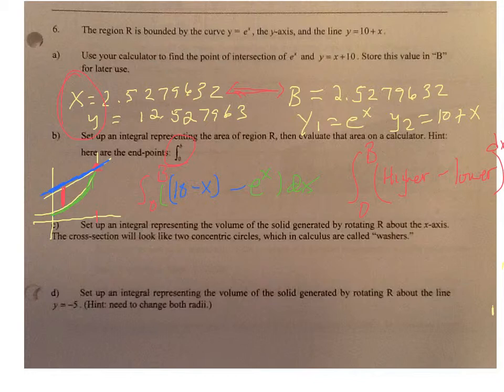Now, because in my case I put y1 as e to the x and y2 as 10 plus x, I could have also written this as the integral from 0 to b of y2 minus y1 dx. I have identified what y2 and y1 are, so I can use that inside my integral. I can also allow my calculator to evaluate the integral using those values.